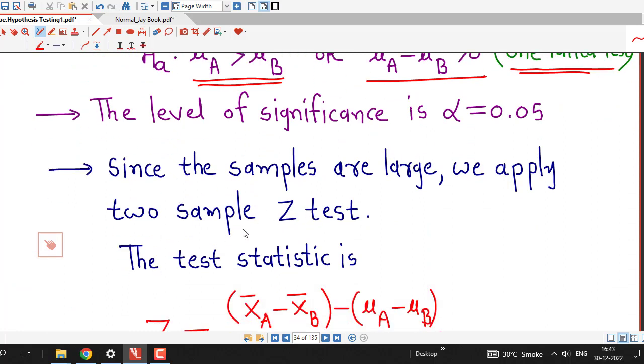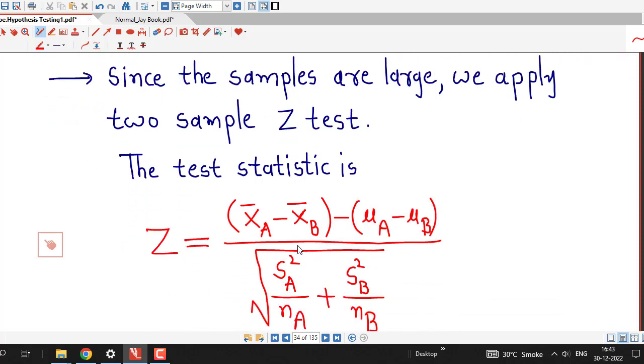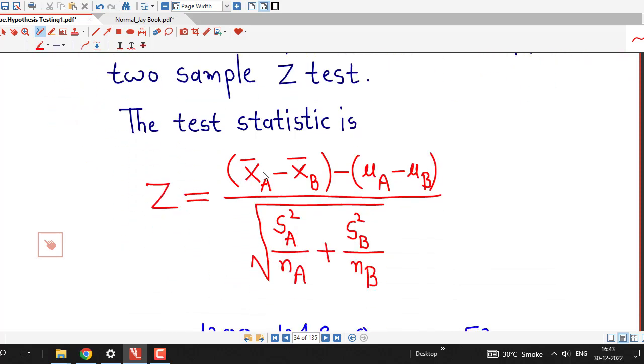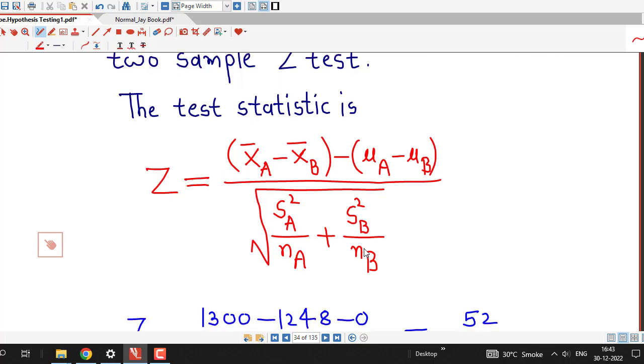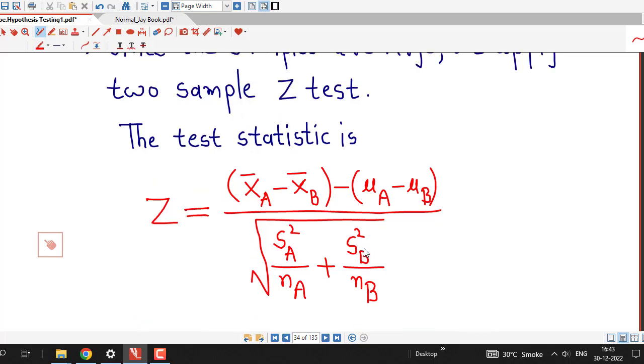So we can apply the two sample Z test, and the test statistic formula is Z equal to x bar A minus x bar B minus mu A minus mu B, divided by the square root of variance of sample A divided by sample size of sample A, plus variance of sample B divided by sample size of the second sample. We want to test the null hypothesis which is mu A equal to mu B. So in the next step we put this equal to 0 and substitute the given values.